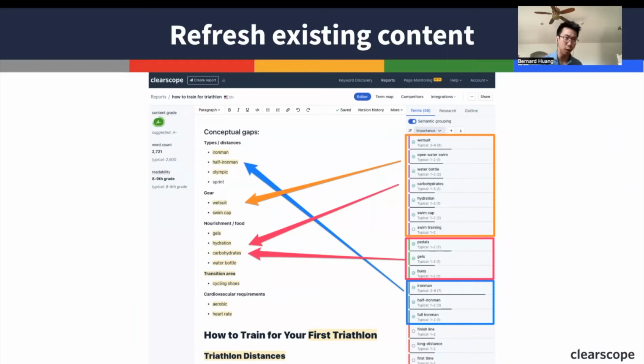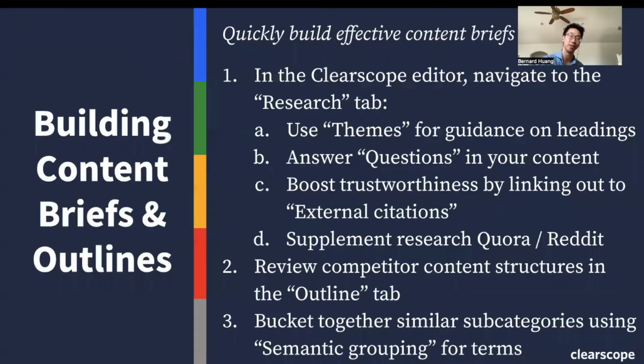So we'll take a look at what that looks like from a live perspective when we look at the content teardown that we'll be doing later for this. So that's refreshing existing content. You want to just audit it using the bulk functionality, and then semantic grouping can really quickly help you visualize what gaps you might be missing.